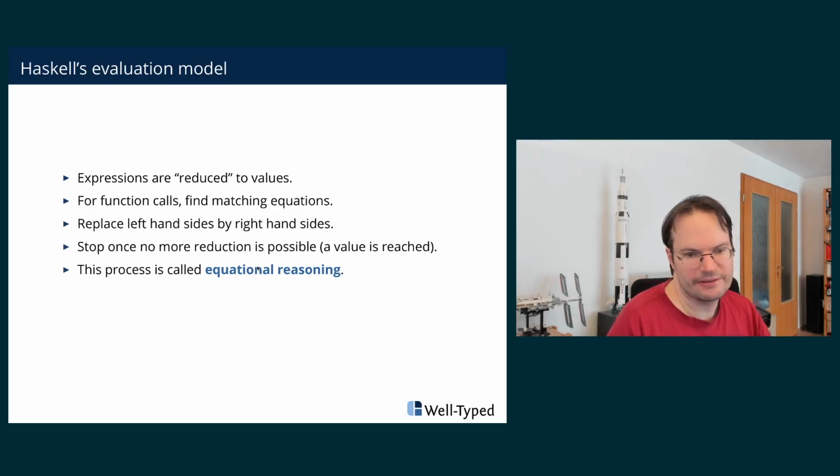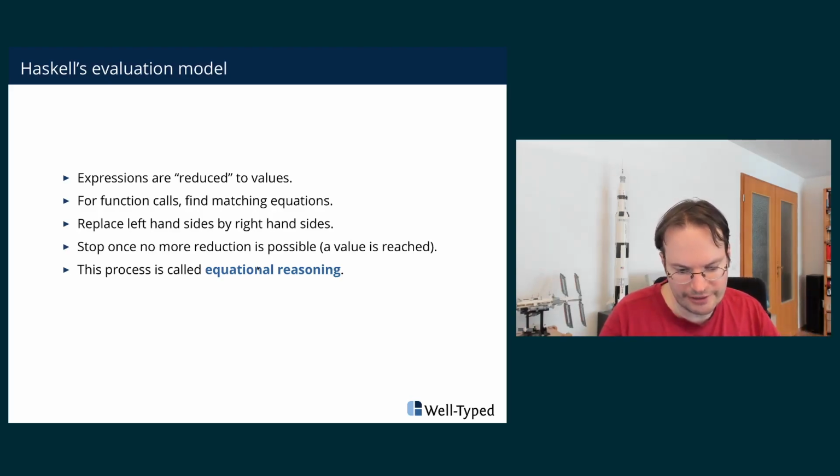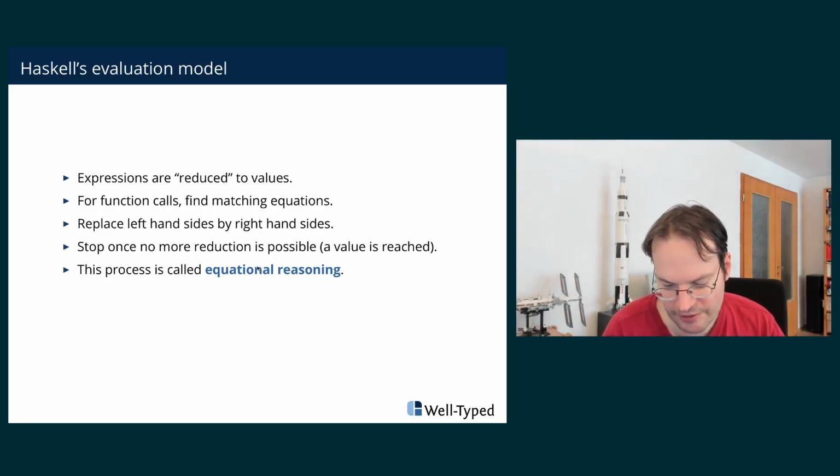It is perhaps a good idea to briefly talk about how to think about Haskell's evaluation. Like how to, in your mind, conceptually think about, if you have a particular function call, what is actually going on behind the scenes.